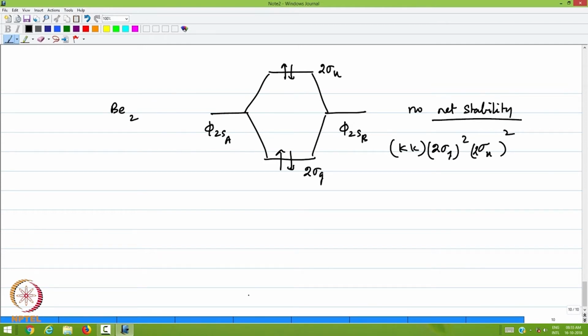Okay. Now, boron dimer. Now, we have the 2p electrons of the boron as well as the 2s electrons of boron. They both participate in the bonding because they are both valence electrons as far as the boron is concerned. Now comes the difficulty, how do we define the linear combination?